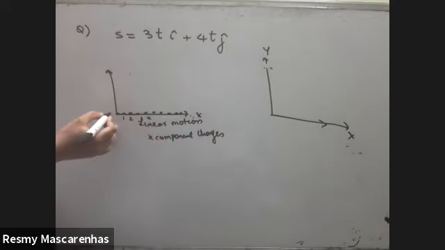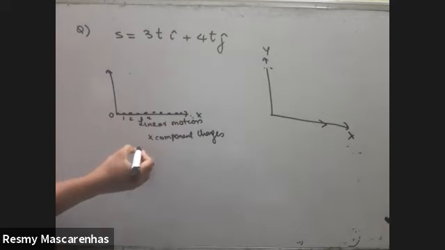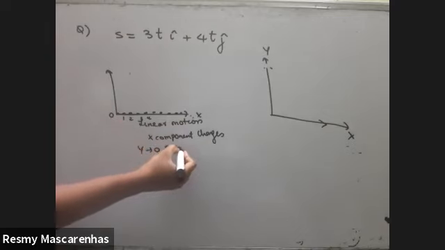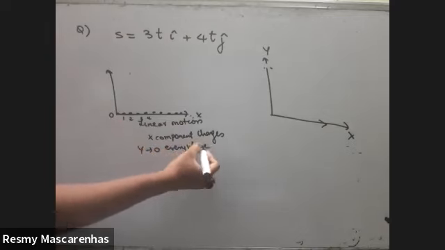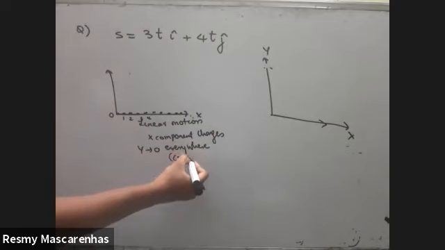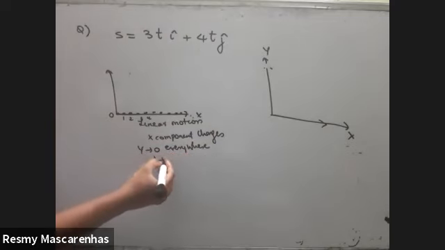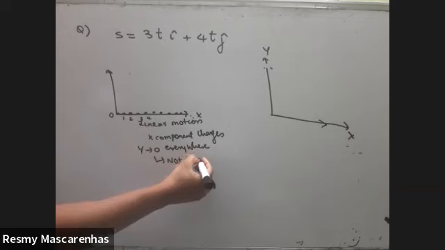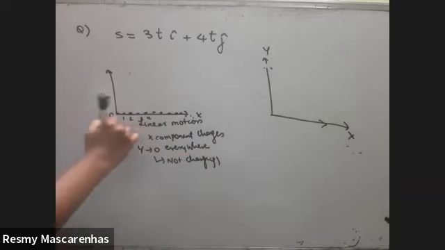Is the y changing? Y is 0 everywhere. Y is constant, y is not changing. Then that is called a linear motion. Only one component is changing. He is moving only in the x direction. Y is not changing.